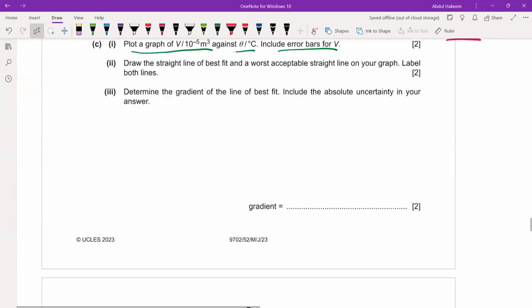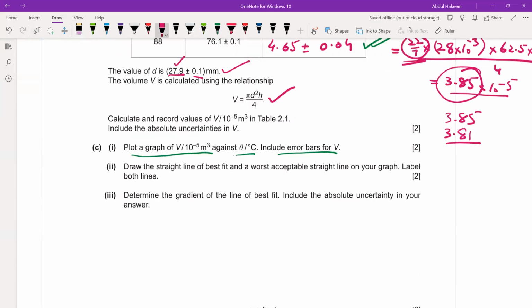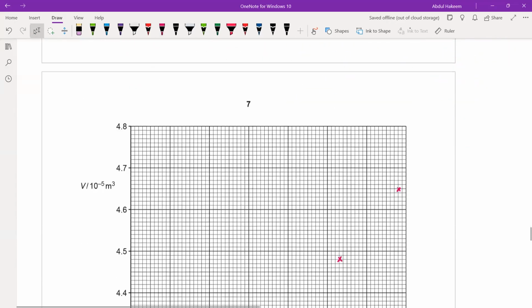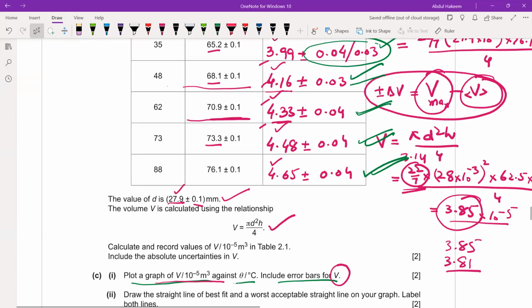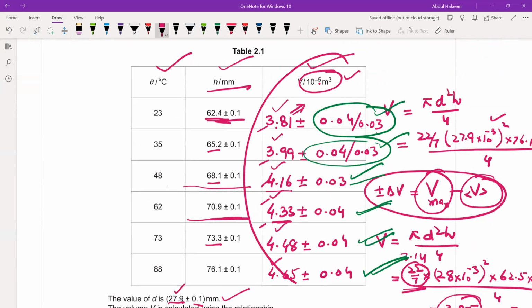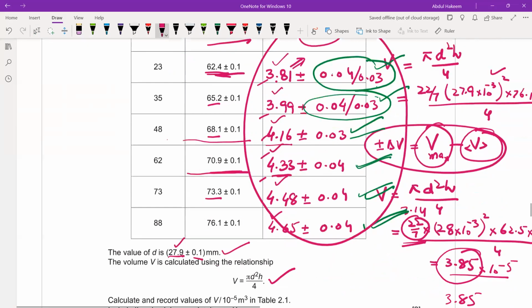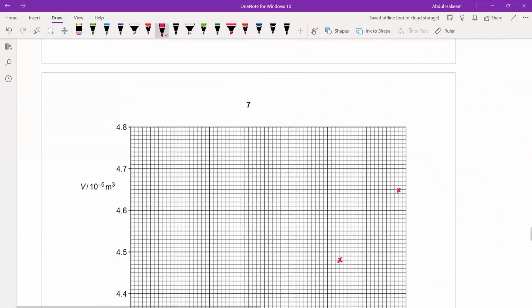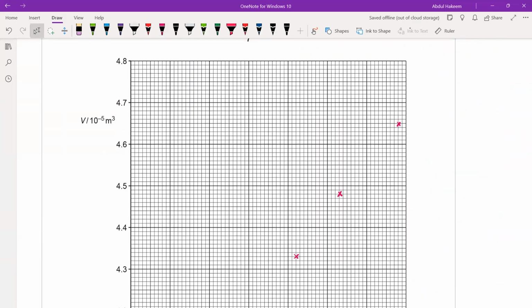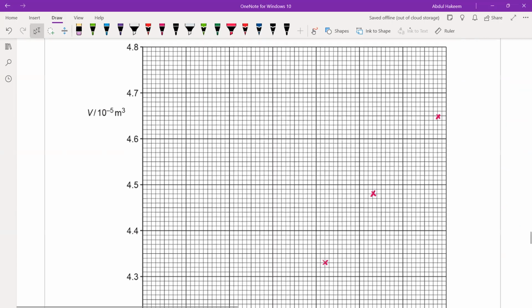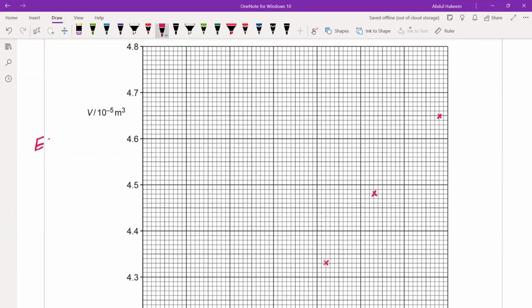And the next is, look at this. Plot the graph for this against theta, include the error bar in V. Now, very, very important. In your table, this V has uncertainty. So we will draw all error bars on the y-axis because the V is plotted at the y-axis. So before plotting the error bars, we will calculate error scale constant of the y-axis.